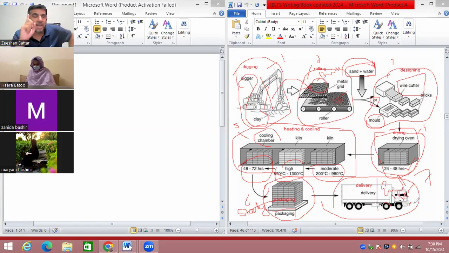Remember, in explanation one, paragraph number 3, we will explain up to 4 stages, and then we will explain the last 3 stages in the last paragraph. So after the introduction and the overview, when we talk about the 2 paragraphs of explanation, half of the diagram up to 4 stages we will explain in paragraph number 3, and the other half in paragraph number 4. So 4 and 3 will be a good symmetry.